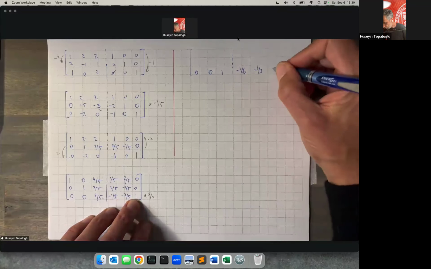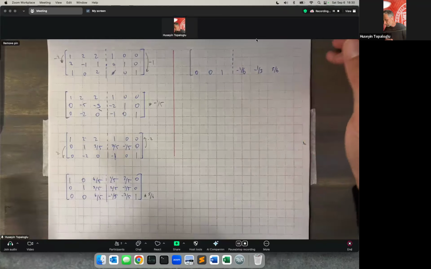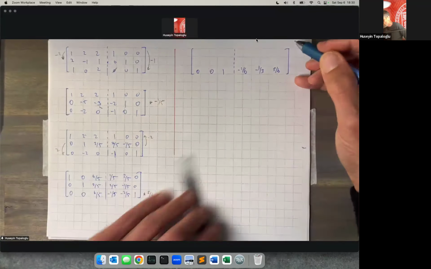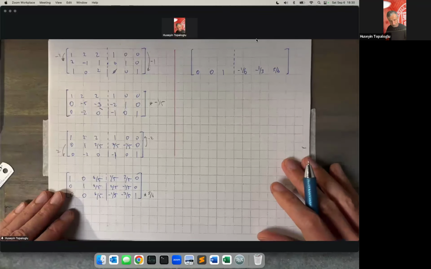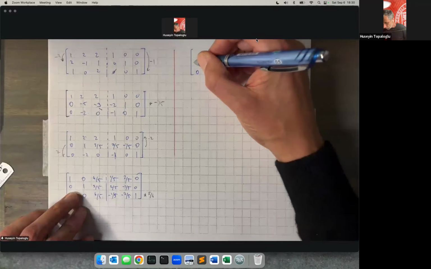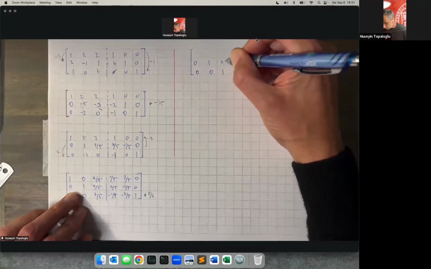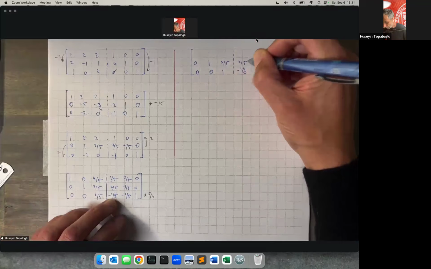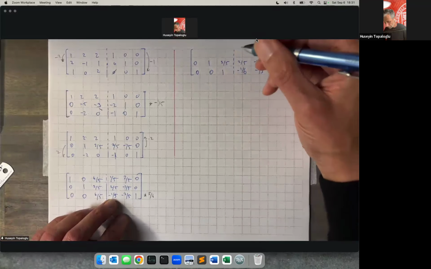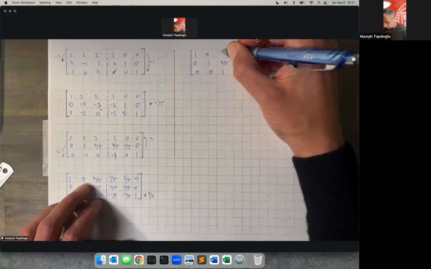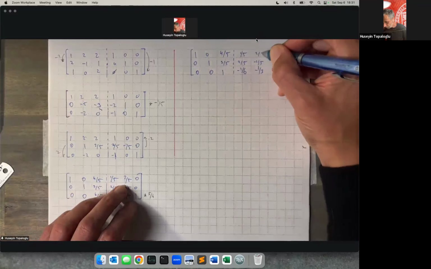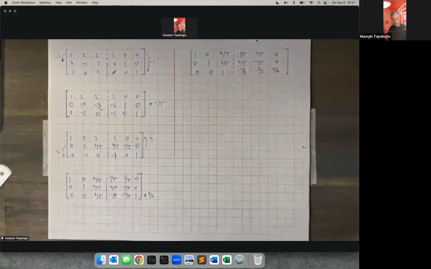And then 1 times 5/6 is just going to give us 5/6. Keep everything as it is. The matrix is now 0, 1, 3/5, 2/5, -1/5, 0, 1, 0, 4/5, 1/5, 2/5, and 0.